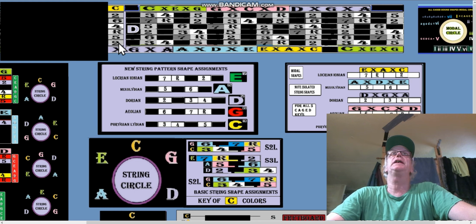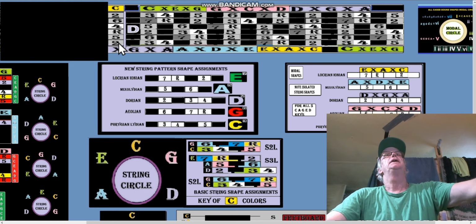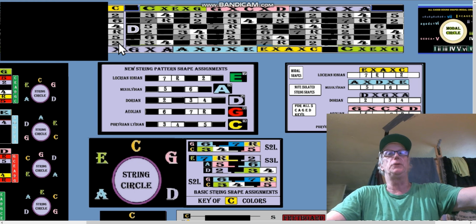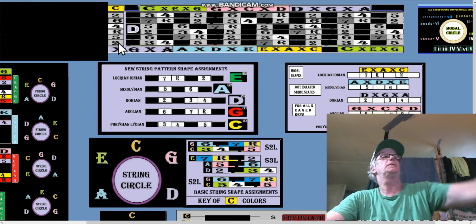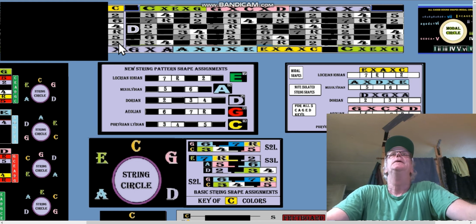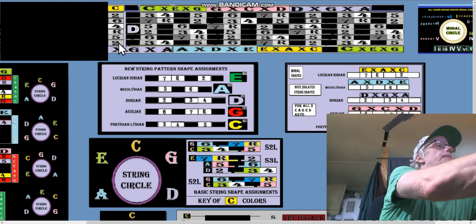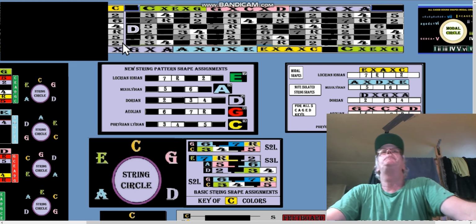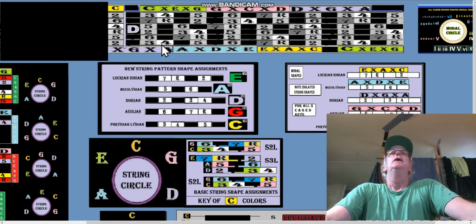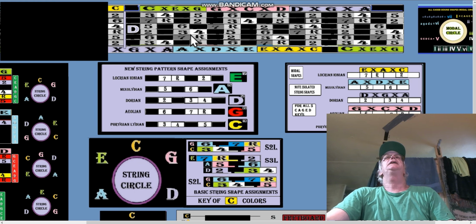So this is E, but now that low E is going to be the second of a D, which you can't play, unless you have a note bender downer or something like that. Anyway, seriously.